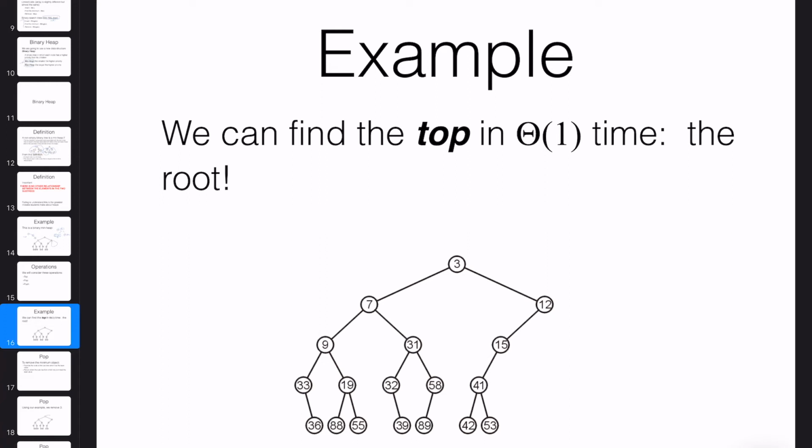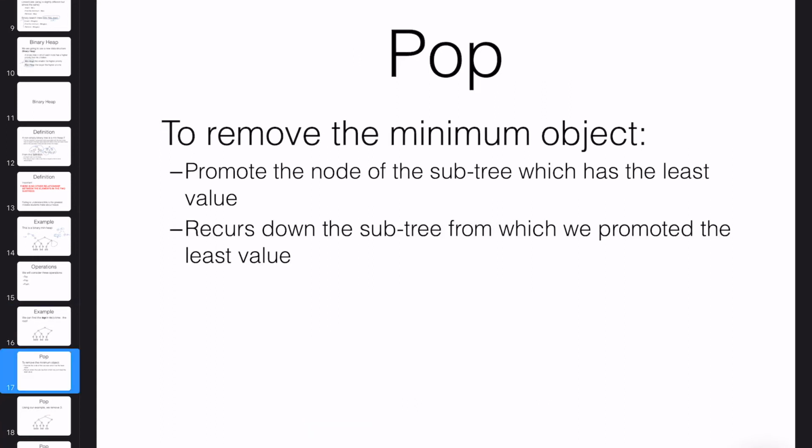We know in our binary heap, which is a tree, the value at the root is going to be the one with the highest priority, the minimum item in the tree. So access to the root is constant. We can implement the method peek or top in constant time.